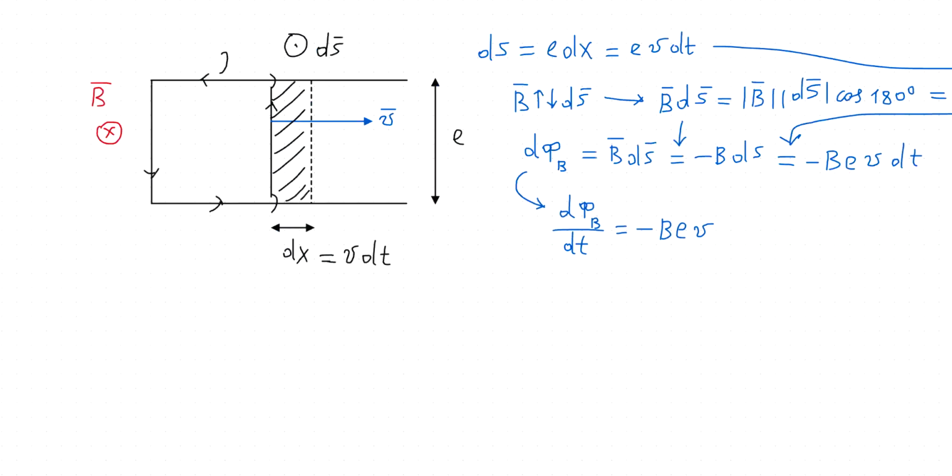Okay, and let's try to find something that is connected to induction current. The reason of current is always electromotive force. So let's try to define electromotive force in this case.